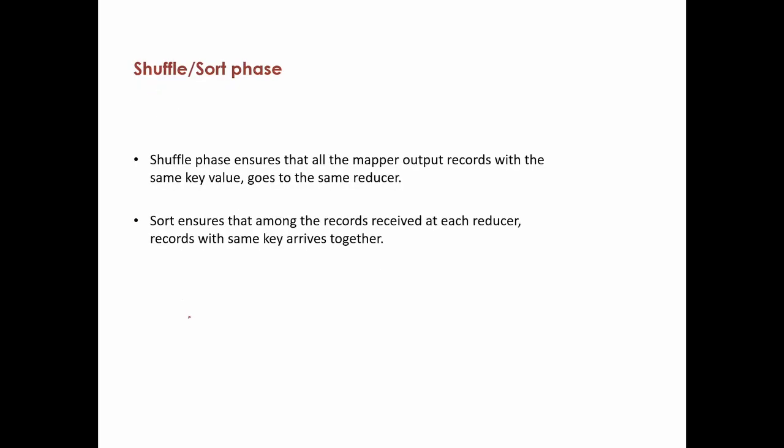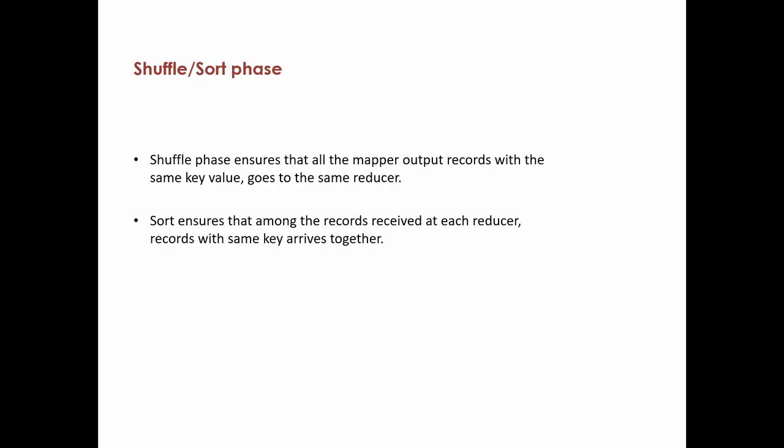Now the second phase, which the user does not have to code, is the shuffle or the sort phase. The shuffle phase ensures that mapper output records with the same key value go to the same reducer. Remember that in a distributed setting, the mapper task could be performed in one computer, and the reducer task could be performed in another computer.